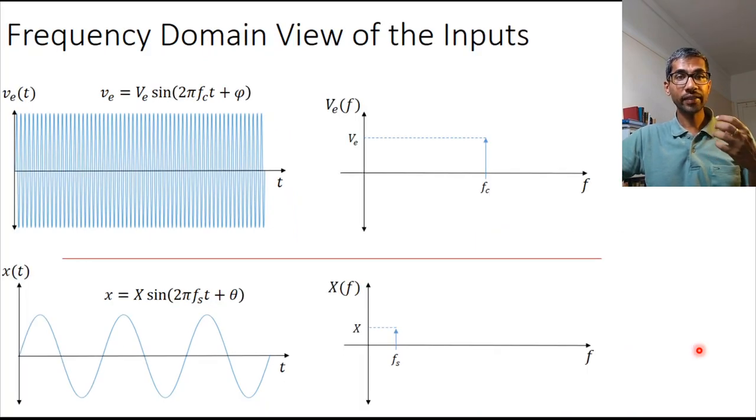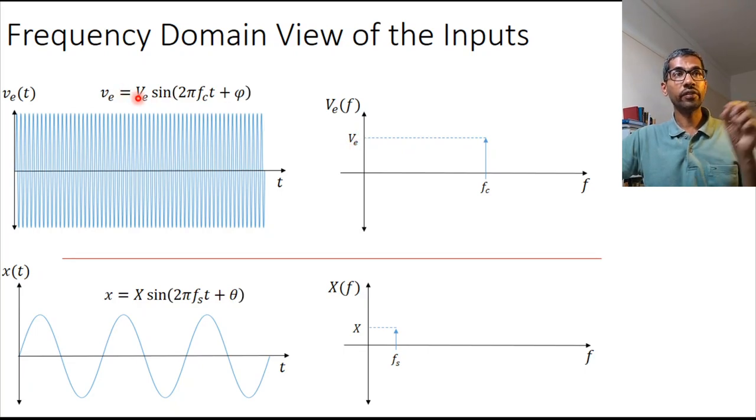Now, if you look at this signal very carefully in the frequency domain, this is a sinusoid of a particular frequency, right? In the frequency domain, with frequency on the x-axis, I can plot it as one impulse at the frequency fc, let's say. So the frequency of the signal is fc as shown here, and the amplitude is VE.